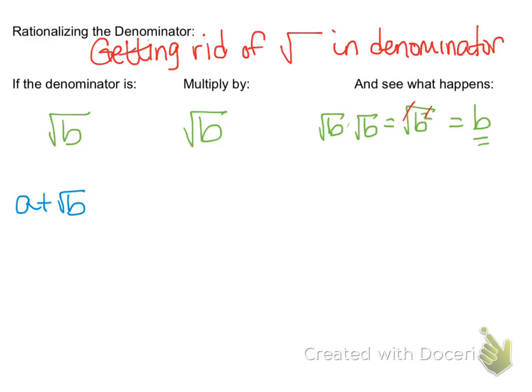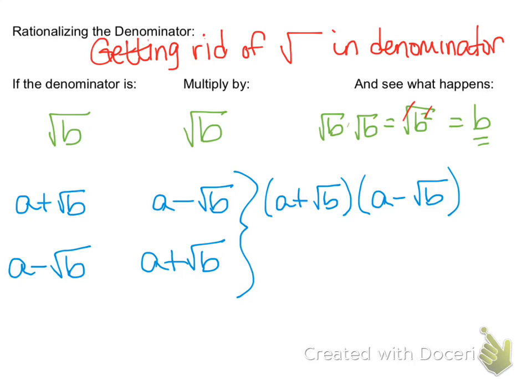I could also have a plus the square root of b, a number plus a radical, in which case I would multiply by what's called its conjugate, and that would be a minus the radical, so the exact same numbers. Or if I started with a minus the radical, then I would be multiplying by a plus the radical.